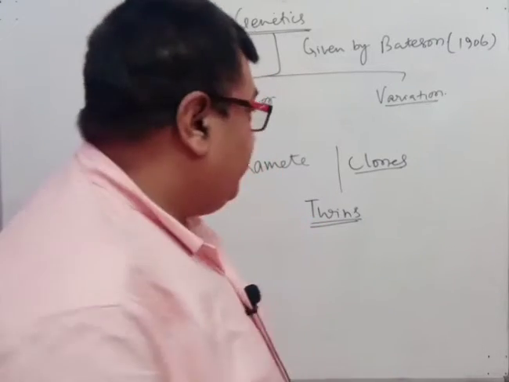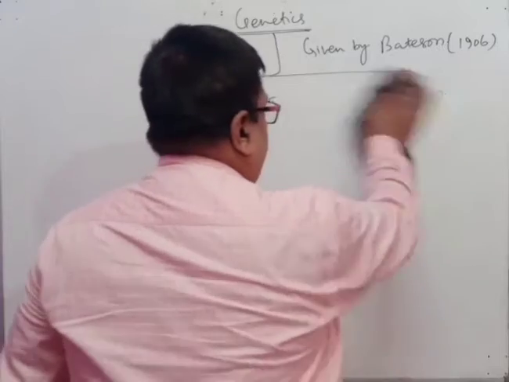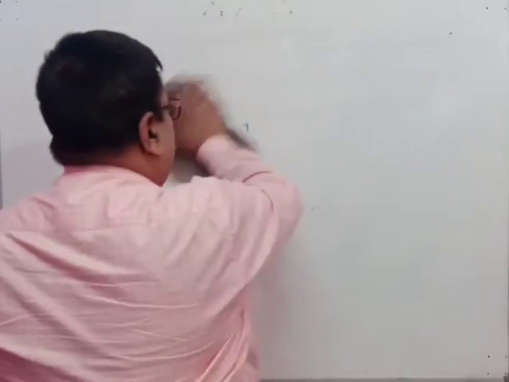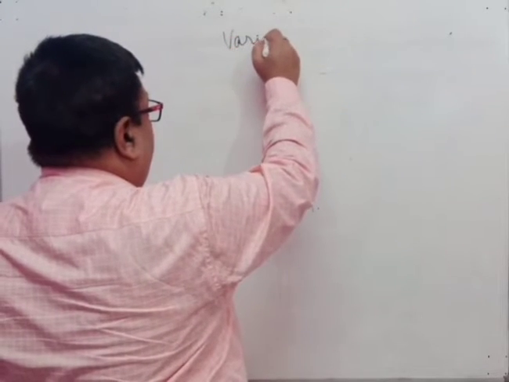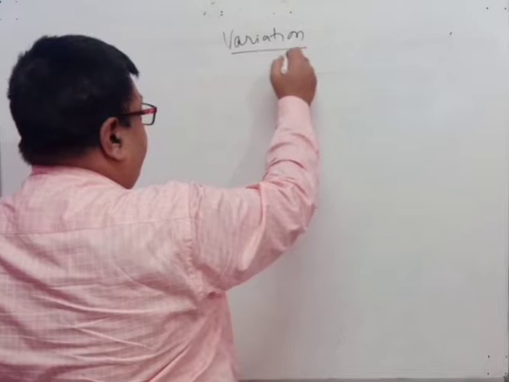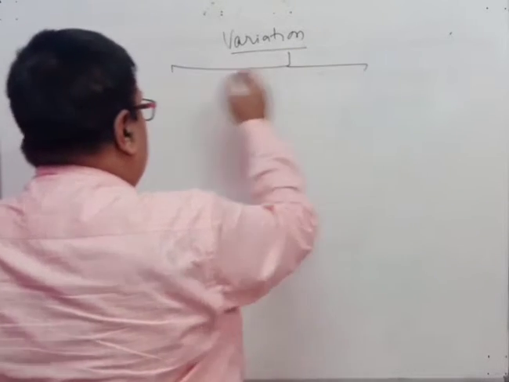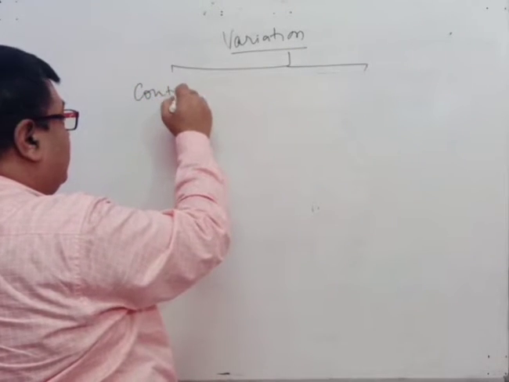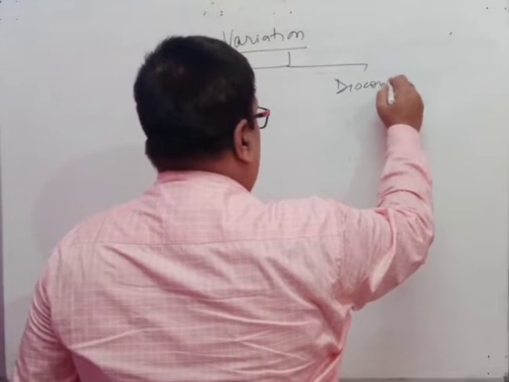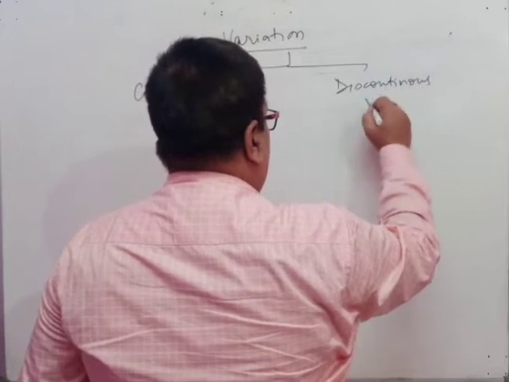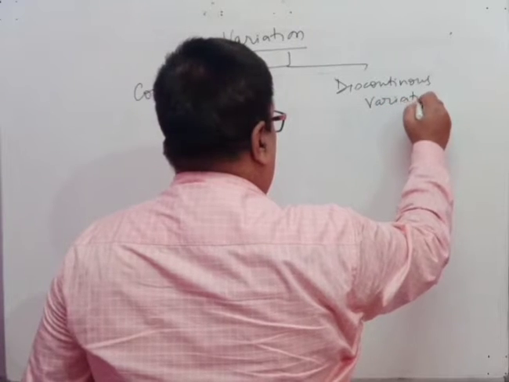What is the reason behind variation? The variation can be of two types. One is continuous and another is discontinuous variation.